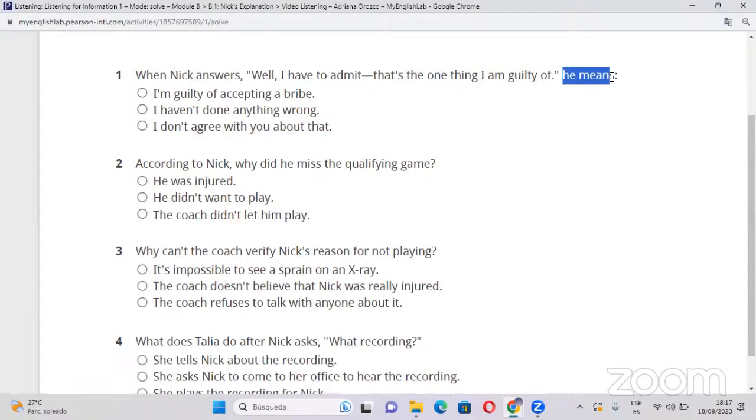The first, but I'm not sure, because the first is he is not accepting the bribe, and the second is not because he is admitting one thing that he feels guilty, and the third, I don't know, the third maybe.